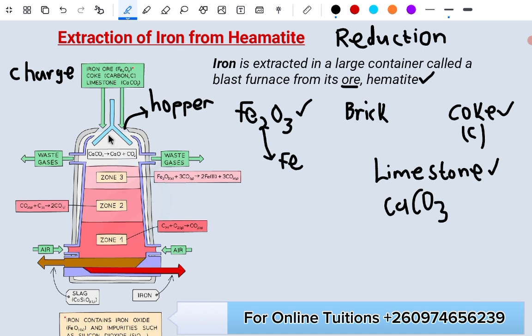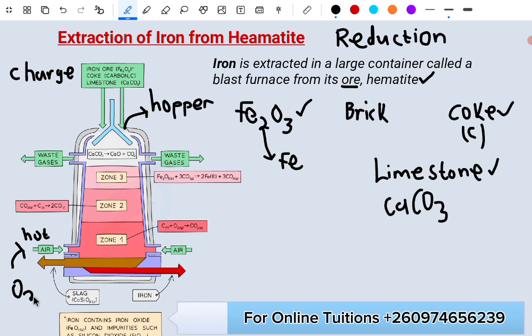Now, the other thing that is fed into the blast furnace, apart from the charge, is air. This is not ordinary air. This is very, very hot air. And one of the things that we find in air is oxygen.